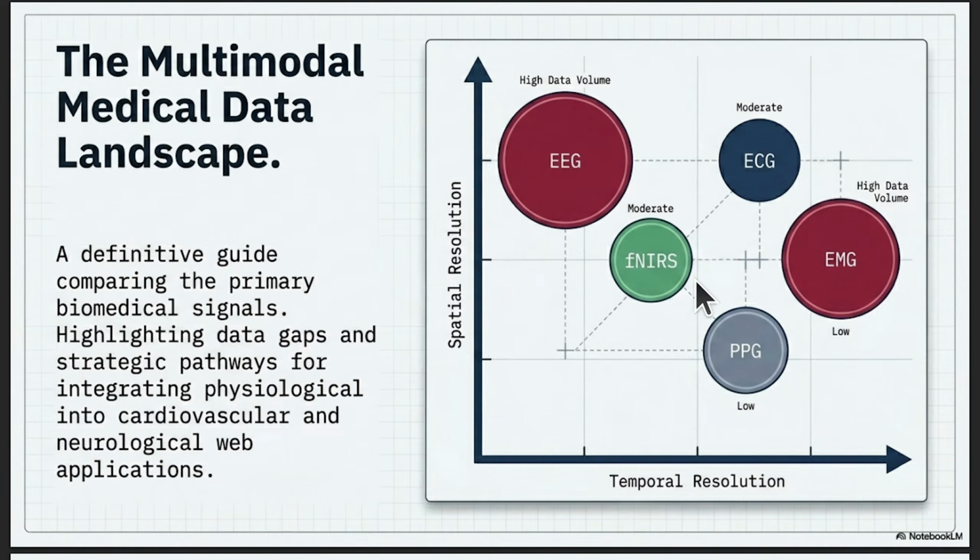We do have similar graphics that actually should be accurate on the website. The multimodal medical data landscape, a definitive guide comparing the primary biomedical signals, highlighting data gaps and strategic pathways for integrating physiological data into cardiovascular and neurological web applications. Whew, that's a mouthful. It doesn't really mean much in this case.